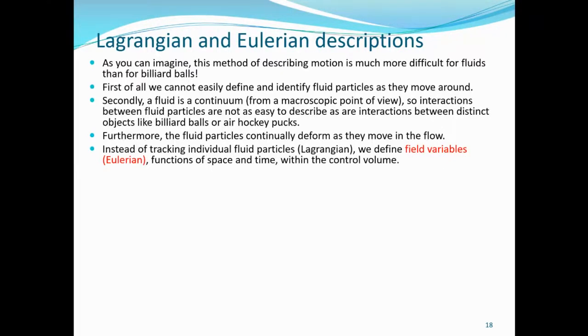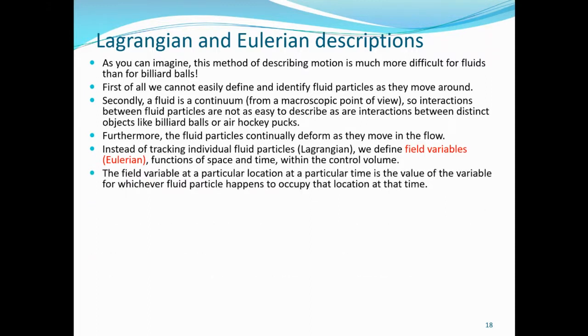Instead of tracking individual fluid particles, which is the Lagrangian approach, we define field variables, which is the Eulerian approach. These field variables are functions of space and time within the control volume, like the velocity field, temperature field, or pressure field. The field variable at a particular location at a particular time is the value of the variable for whichever fluid particle happens to occupy that location at that time.